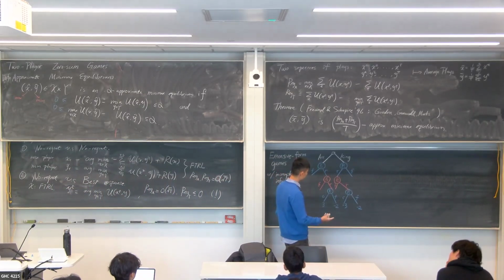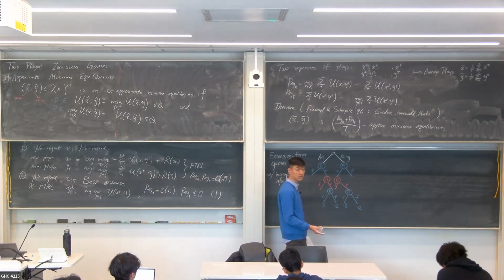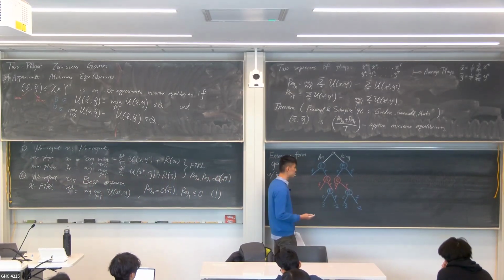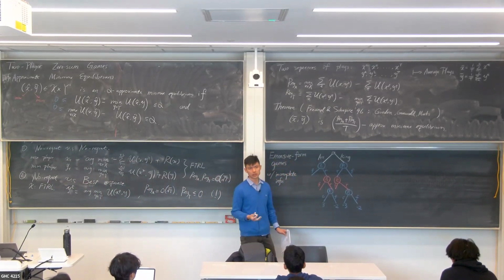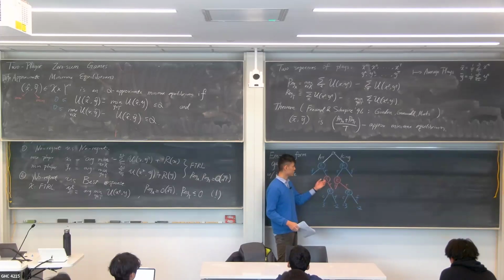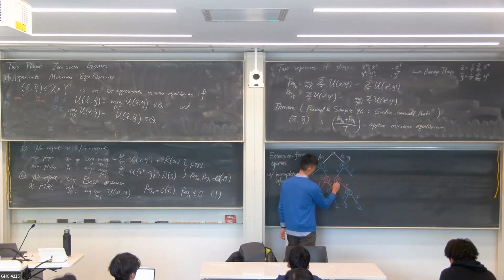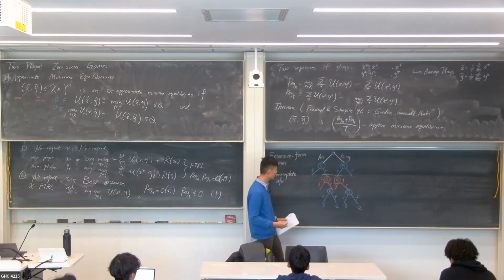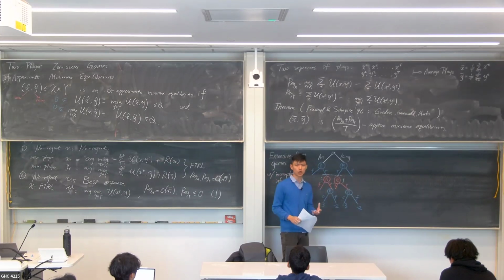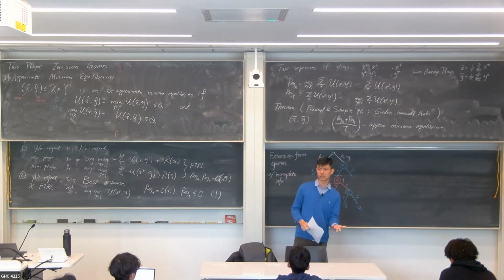But this is an example of extensive form games with incomplete information, in the sense that it's different from chess. In chess, you look at a board, you know everything, and if you have perfect recall, you know the history perfectly well. Here, from player two's point of view, player two doesn't get to see the card dealt to player one.